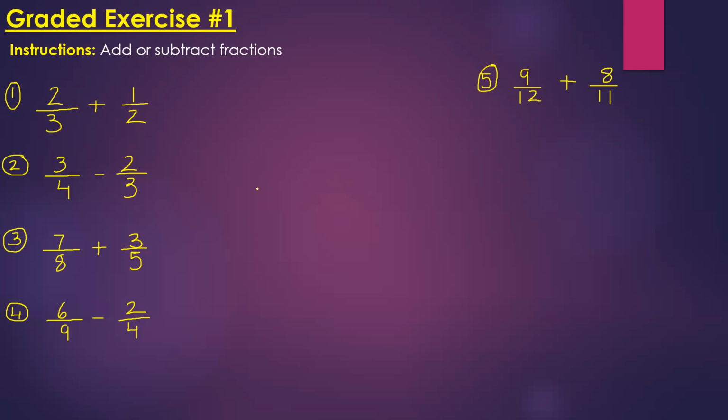Ramon, what number are you on? Number 4. Oh, okay. Shion, what number are you on? Number 5. Okay. Talia, what number are you on? We're finishing up number 5. Okay.